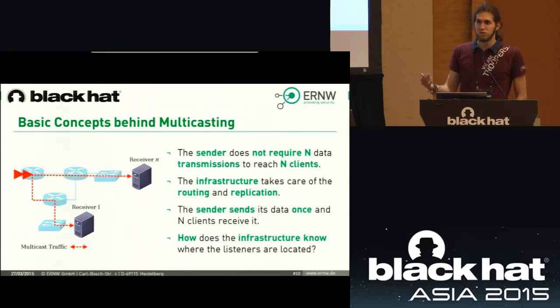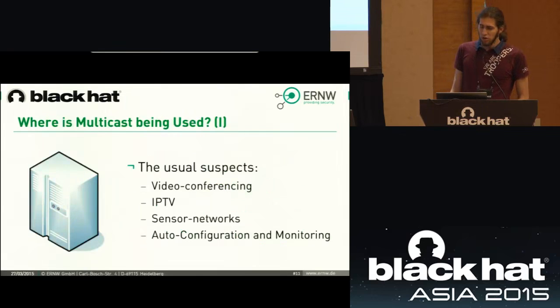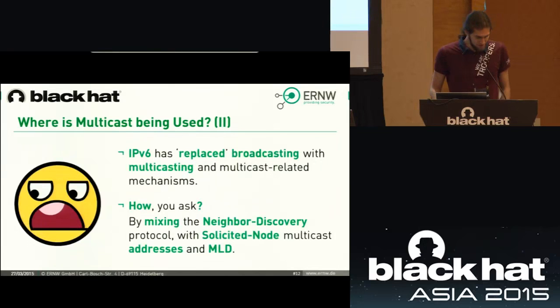But how does the infrastructure manage all of this? Before we come to this, where is multicast being used? I mentioned it already, IPTV is a big thing where multicast plays a big role. Video conferencing as well. Sensor networking or autoconfiguration and monitoring in your environment is also a possible scenario for multicast. And since in IPv6 there is no broadcast anymore, it is replaced by multicast.